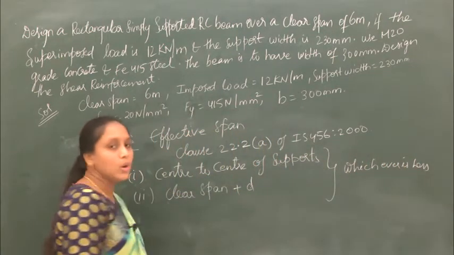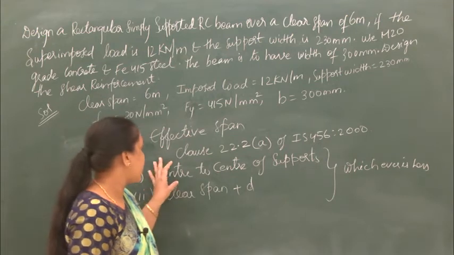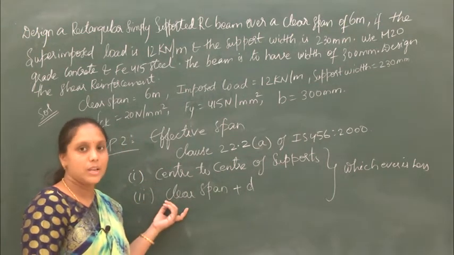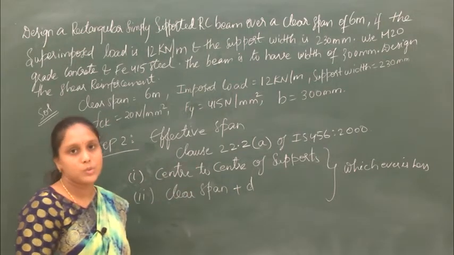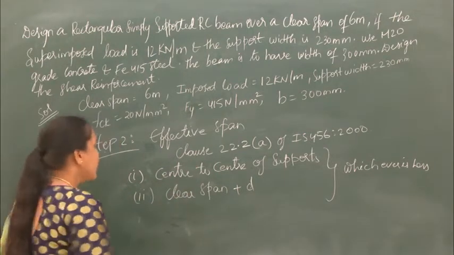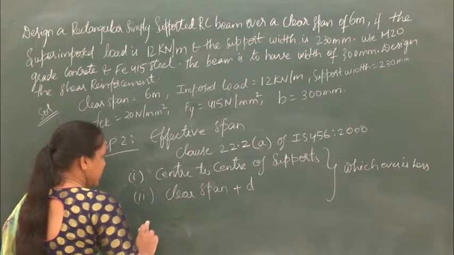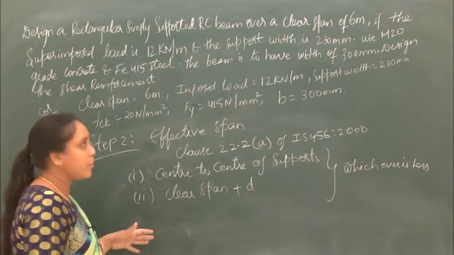Out of these two, whichever you get the lesser value, that value has to be considered as the effective span of the beam. So first let us find out the center to center of support distance.